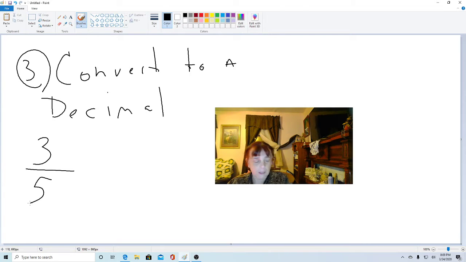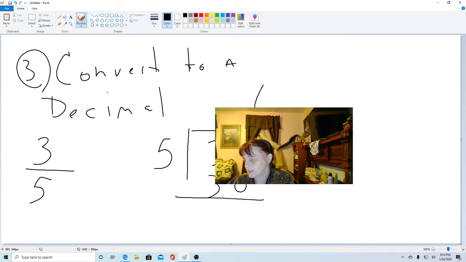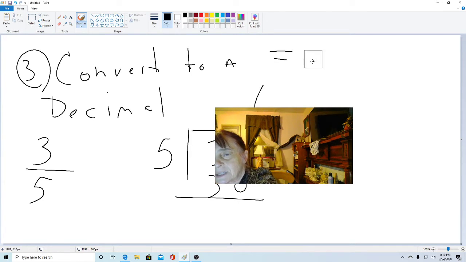One way to do that is divide the numerator 3 by your divisor, your denominator. There's nothing times 5 that will give you 3, so you put a decimal point here. And then 6 times 5 is 30. Put a 6 there, and you have to line your decimal point up. So that's 0.6. So 3/5 is equal to 0.6.